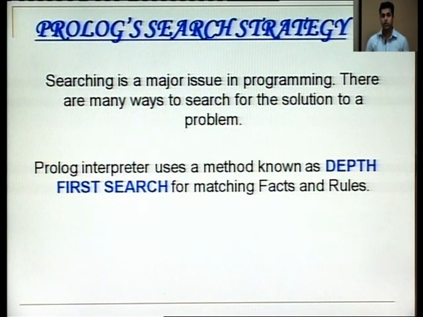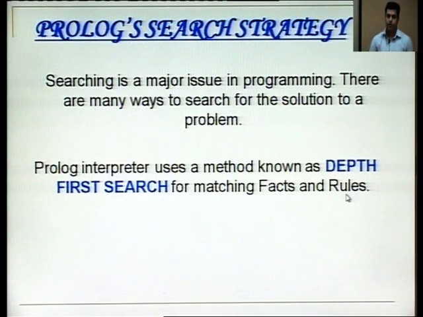How does it manage a huge database of facts and rules? Searching is a major issue in almost all programming languages. There are many ways to search for a solution to a problem. What the Prolog interpreter does is use a method known as depth first search for matching facts and rules.